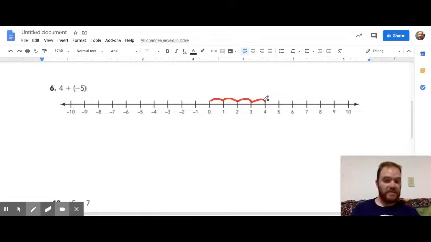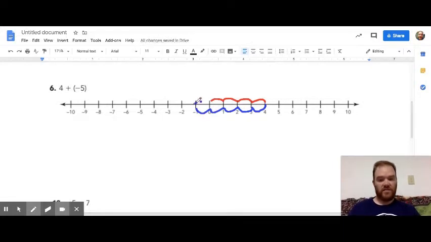The opposite of going right 5 is going backwards 5: 1, 2, 3, 4, 5. Here I end up at -1. So 4 plus -5 equals -1.